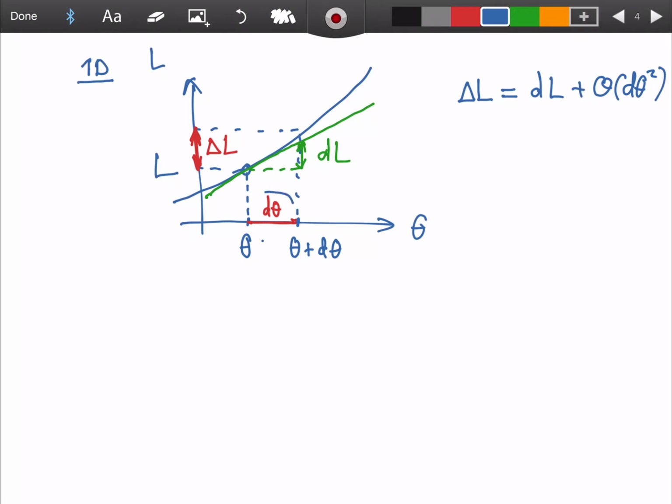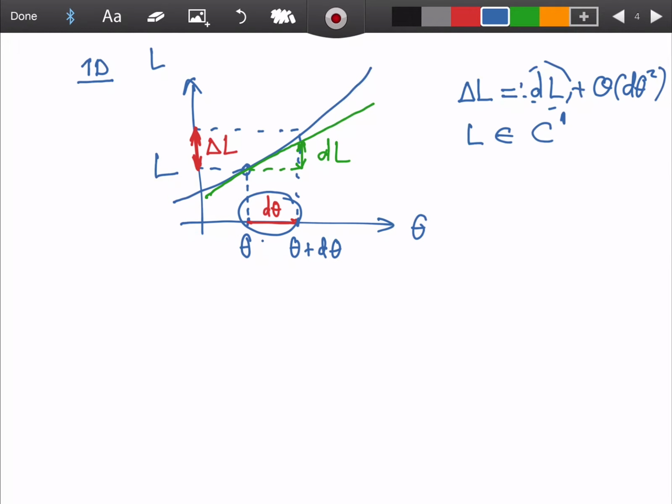When this interval becomes smaller and smaller, if the function is nicely behaving, which means that it is differentiable, or C1, I can take this d theta in the limit to 0. And then the change of the linear approximation will coincide with the actual change of the function, delta L.